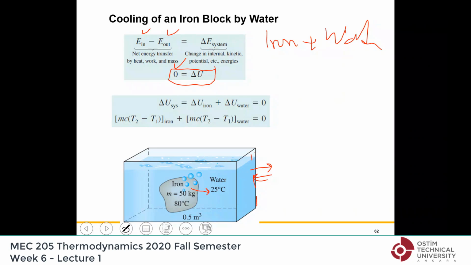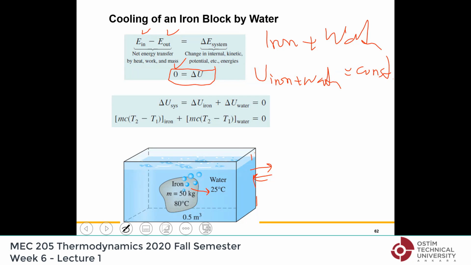Okay, which means the internal energy of the system, which is iron plus water, will remain constant. Why? Because there is no energy entering or leaving this combined system. Okay, so delta U system, since we have two distinct components here, iron and water, the total internal energy change of a system is the internal change of the components summed together.